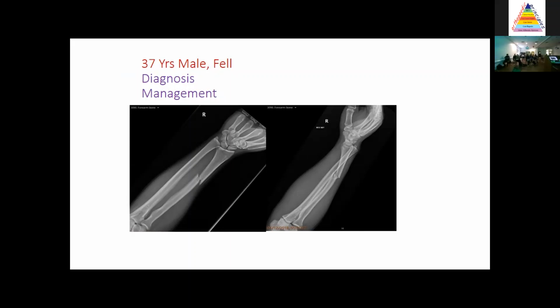Is it a true lateral X-ray of the wrist? Well, unless it's true, how do you know? So can anybody tell me what's a true lateral radiograph of a wrist? How do you know when it's a true lateral radiograph? So in the lateral X-ray, there's a line that we need to check between the scaphoid and the pisiform.